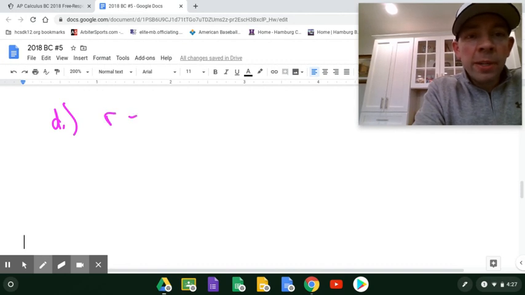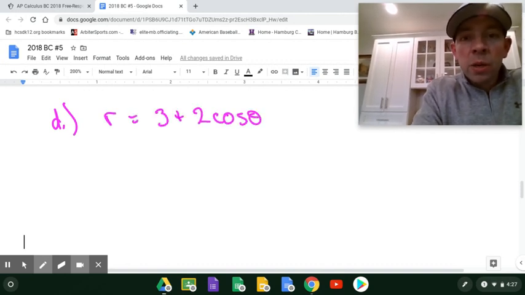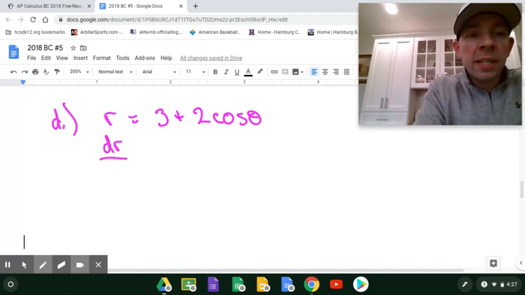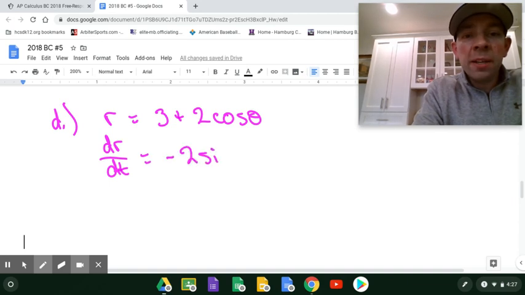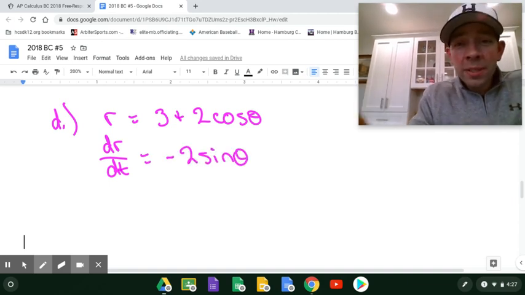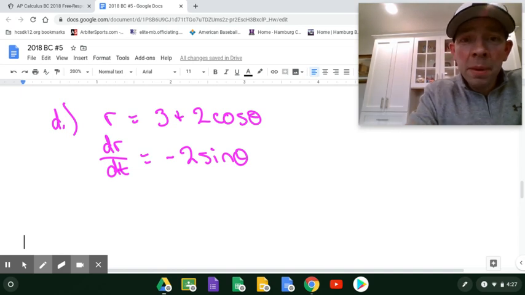So we already know that r equals 3 plus 2 cosine of theta, right? Let's derive this equation with respect to t. So we get dr dt equals negative 2 sine of theta. Now don't stop. Remember, you've got to derive that inner function now. So it's d theta dt.